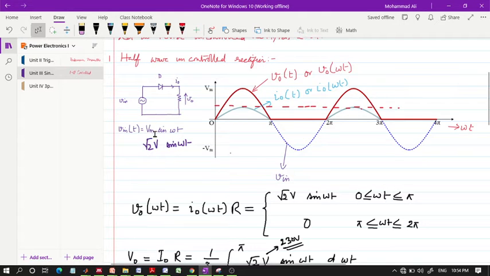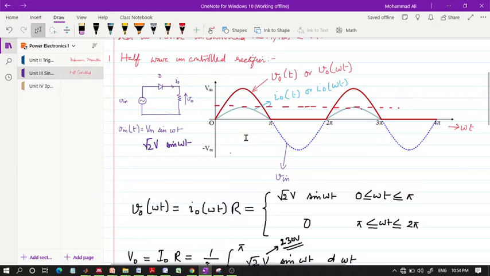Now we can write this maximum value in terms of RMS values, that means root 2 V sine omega t, where V is the RMS value. We know from our first year course that if you write something as maximum, we have to write M over here, and if you are not writing M, then it means it is the RMS value.